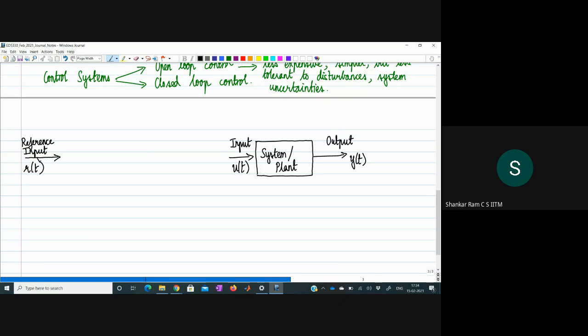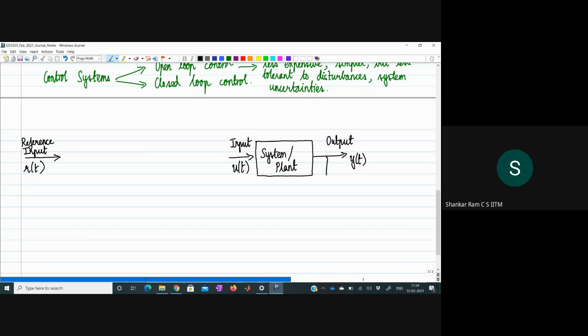The reference input is what we desire from the overall system. It tells us what is expected. Suppose I expect a heading angle of 60 degrees, then 60 degrees is the reference input. But let's say the actual heading is 55 degrees.